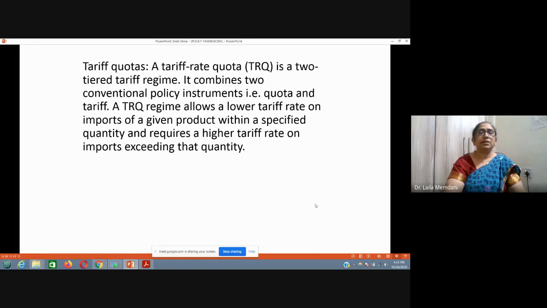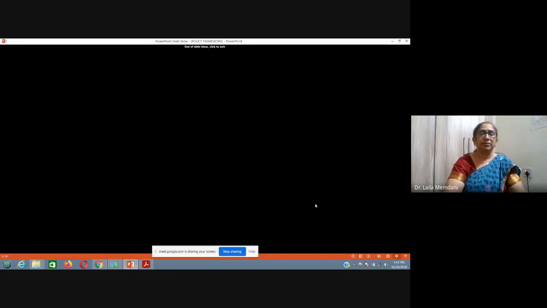Like, let us say, on importing a certain variety of smartphone, for the first 5,000 units you have to pay maybe 10% tariff. If you want to import maybe up to 10,000, you have to pay 30% tariff. So here you have one quota and then another quota, and you have the tariff both. So it is a combination of tariff and quotas.